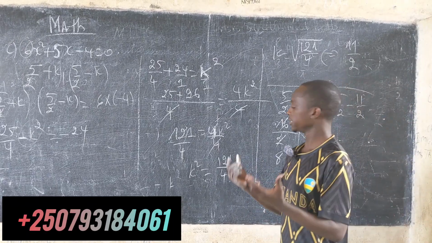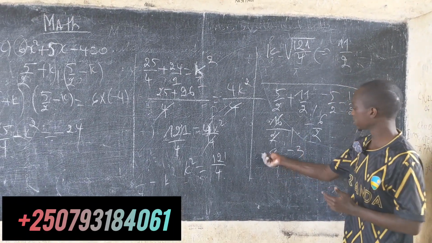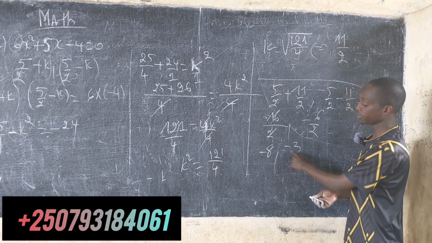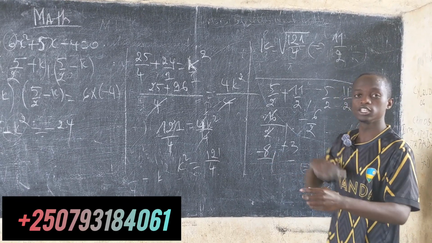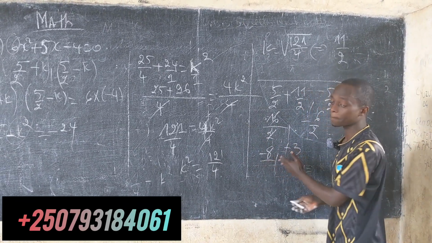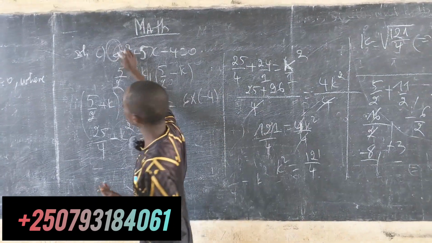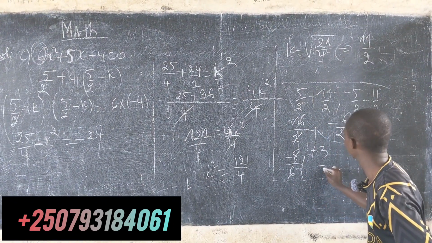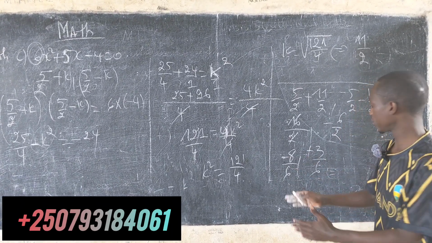What is next is, if here we have a positive, we need to change the signs. Here we have a positive, it is going to be negative, and here if we have a negative, it is going to be a positive. What is remaining is to divide this answer by the first constant, which is equal to 6. So 8 divided by 6, and 3 divided by 6, minus 8 divided by 6.